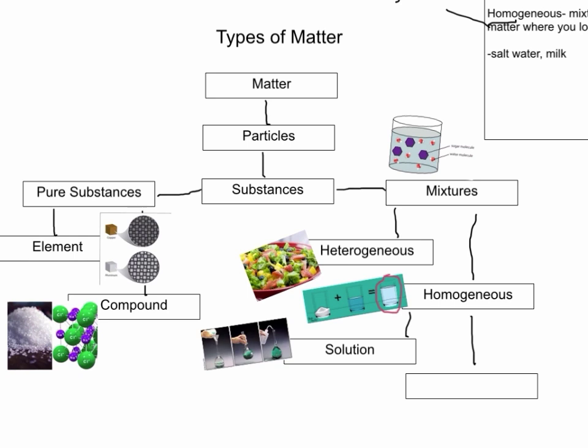So if I have salt dissolved in water, the entire thing is a liquid. But I could also have a suspension. In a suspension, all of the particles are in different phases. For example, mud is a suspension. There are solid dirt particles floating in the liquid water.